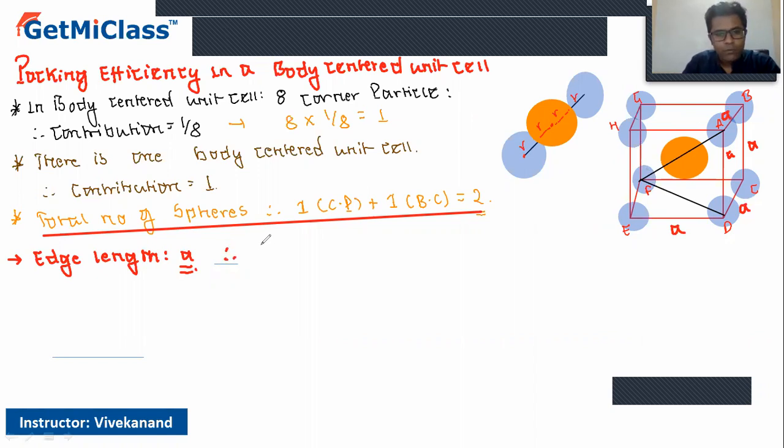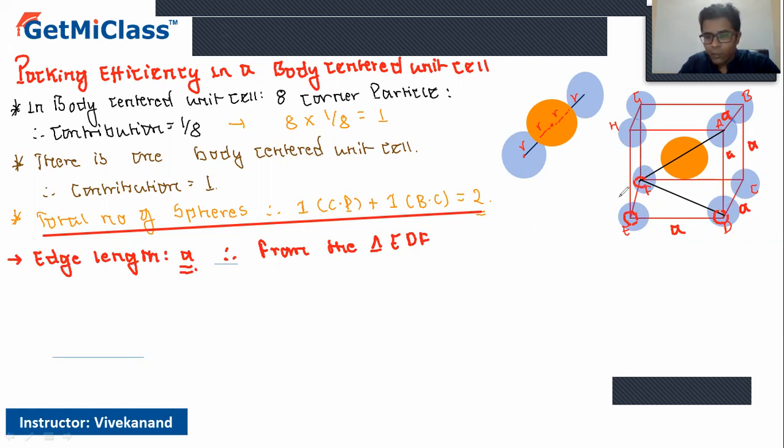So now, from the triangle, we need to use 2 triangles in order to get the body diagonal value. So let's take the triangle first, that is going to be EDF. So I will take into consideration EDF. These are the triangles.